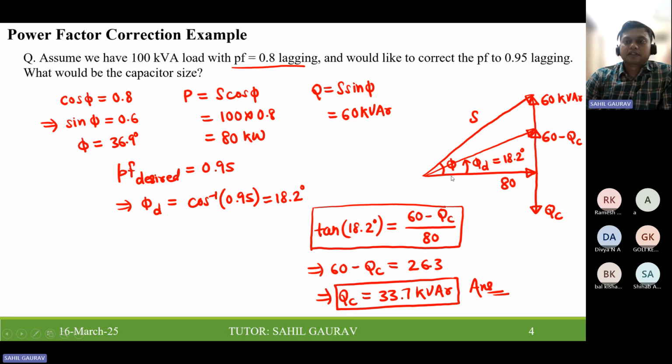So you can use this power factor triangle, where you substitute tan 18.2 degrees, because this is the desired power factor angle. Tan of an angle is perpendicular upon base. So perpendicular is 60 minus QC and base is 80. Therefore the capacitor size comes out at 33.7 kVAr.